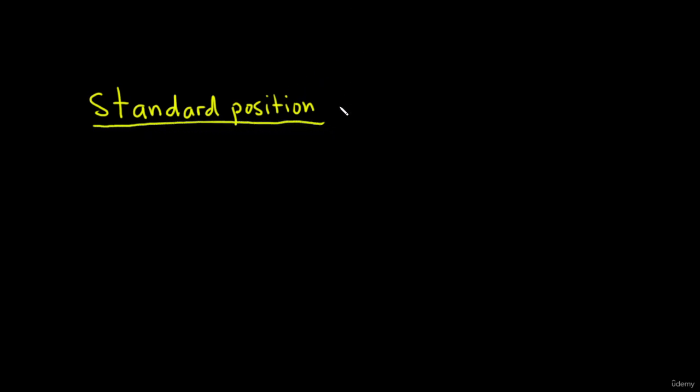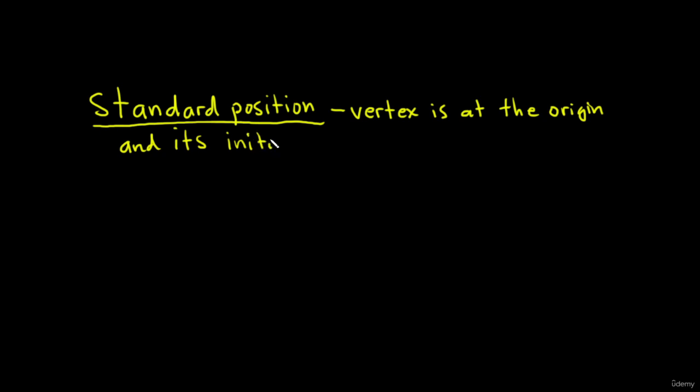So we say an angle is in standard position if its vertex is at the origin, and its initial side is along the x-axis.